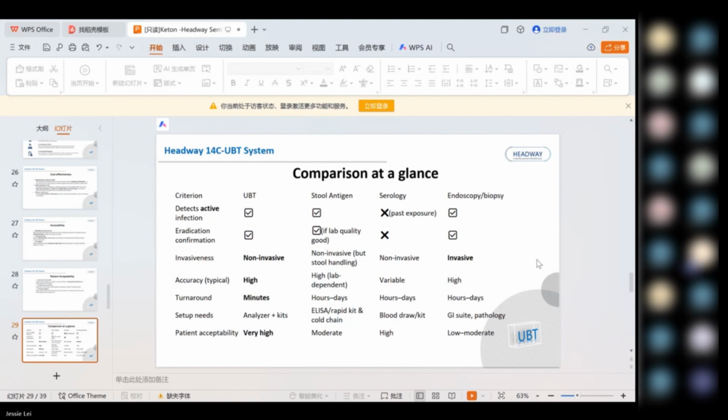And about the limitation, I don't think there are any limitations for this test because in some countries like Japan or China, the UBT has been put in the routine medical checkup program. So every year we do this checkup with the Urea Breath Test. So I don't think there are any limitations.